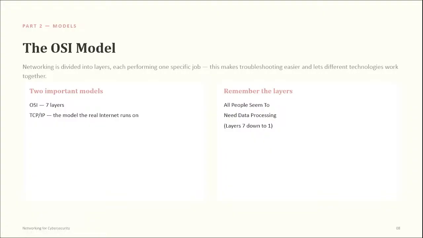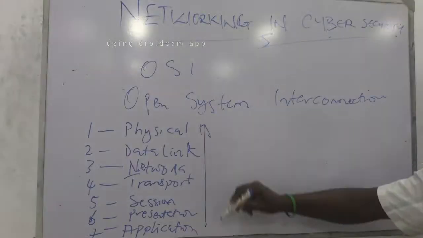That's application, presentation, session, transport, network, data link, and physical. It's quite easy, right? Layers from 7 down to 1.